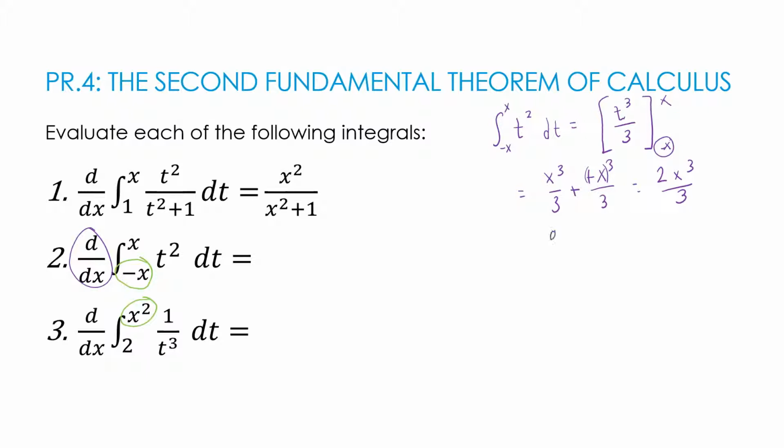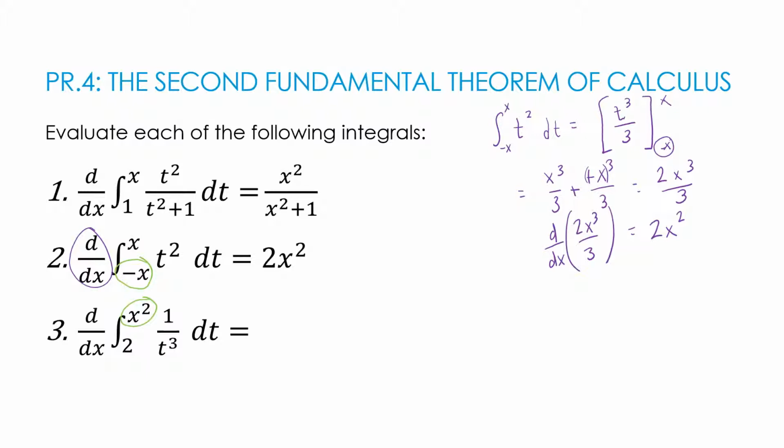Now I'm going to take the derivative of that. The derivative of 2x cubed over 3 is actually 2x squared. So now what? That doesn't fit our model. Well, again, we have to be smarter than just applying a formula.